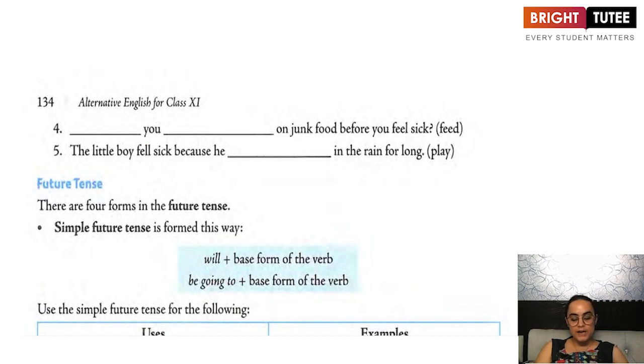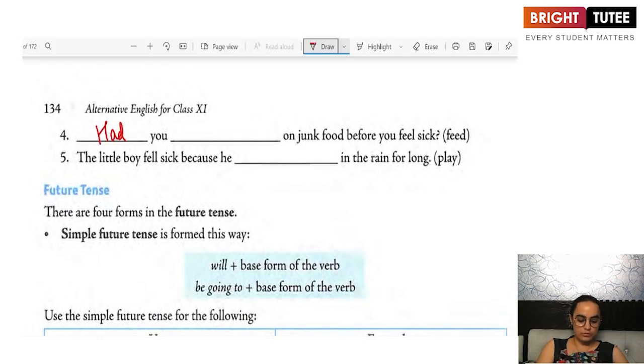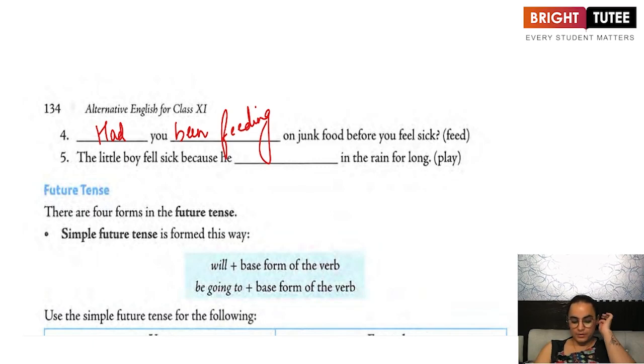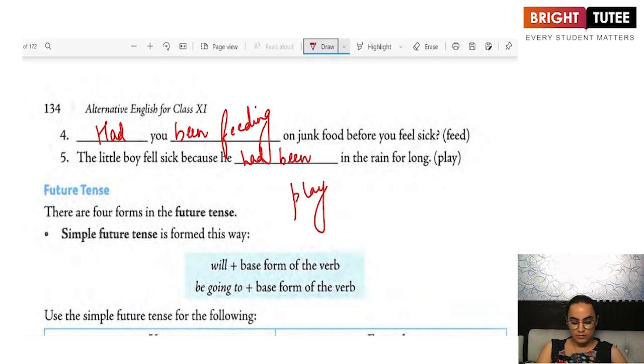Had you been feeding on junk food before you fell sick? The little boy fell sick because he had been playing in the rain for long.